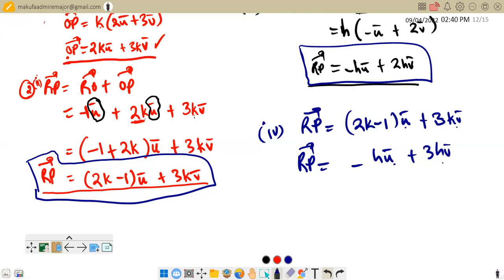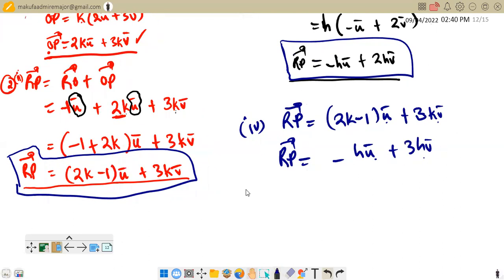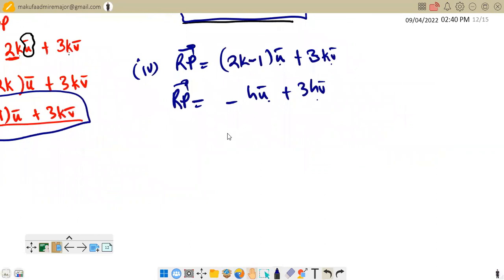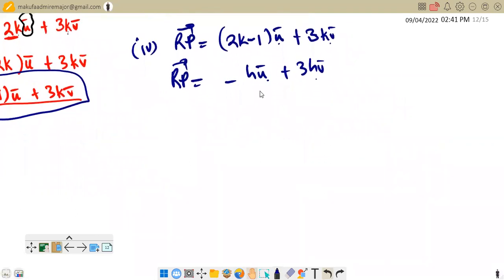So remember, guys, I told you that whenever you are dealing with this type of equation, for you to find the values of the scalars, which are h and k, you equate the vectors which are the same, vector u here and vector u here. What are you equating actually? You are equating the scalar, the constant part that is multiplying the vector, which is 2k minus 1. You equate that to the scalar which also affects the same vector u, and that scalar is negative h.